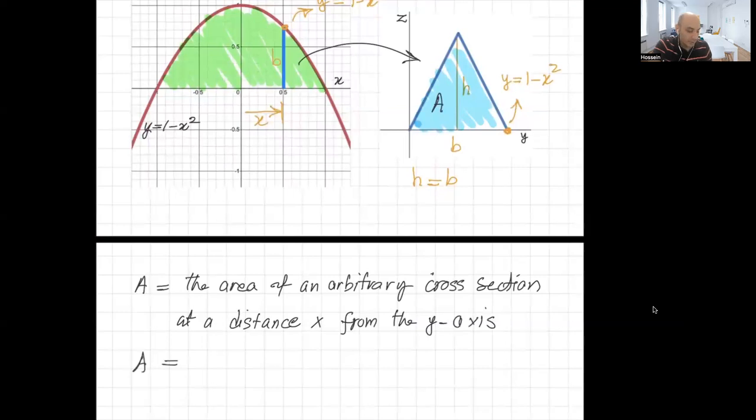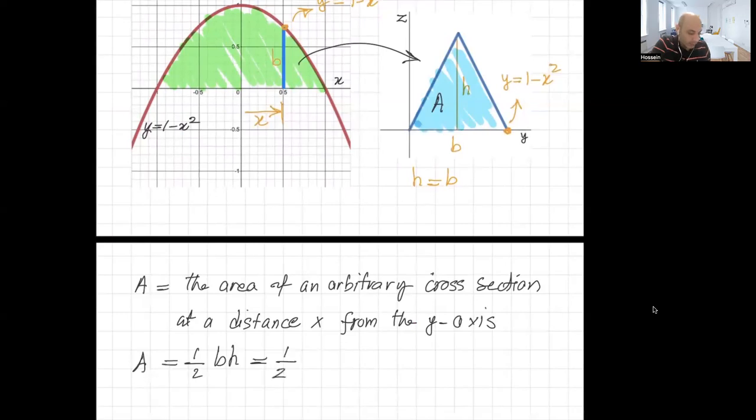is going to be equal to 1/2 of base times height. And the base and height are given. The base here is equal to y, which is equal to 1 minus x squared. I'm going to plug those values into the equation for the area.